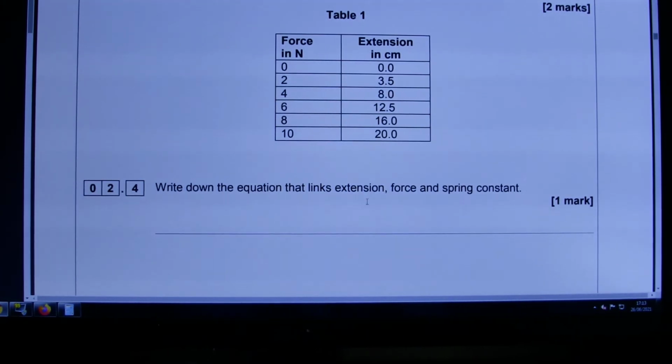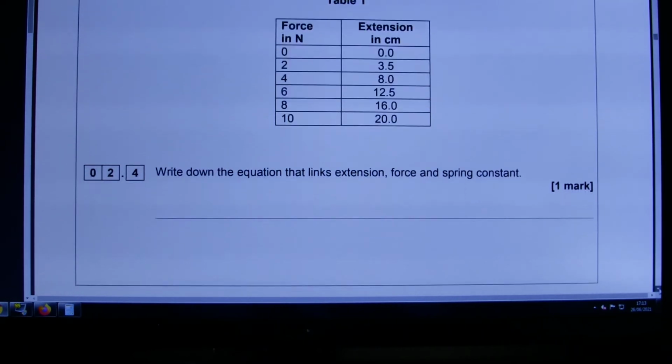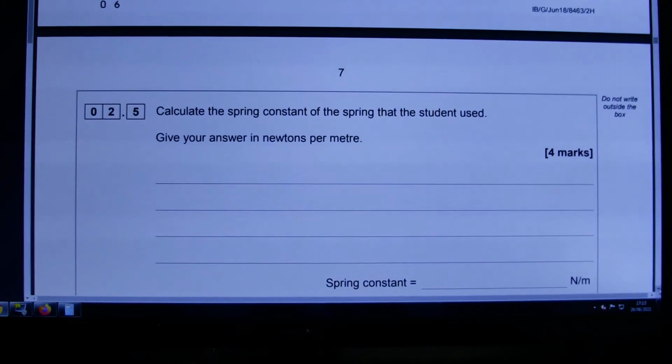Tension, force, and spring constant. Anybody want to convert what I already said? Extension equals base length times force times spring constant. Apparently it isn't, because they're asking us to calculate and they haven't told us the base length, resting length.